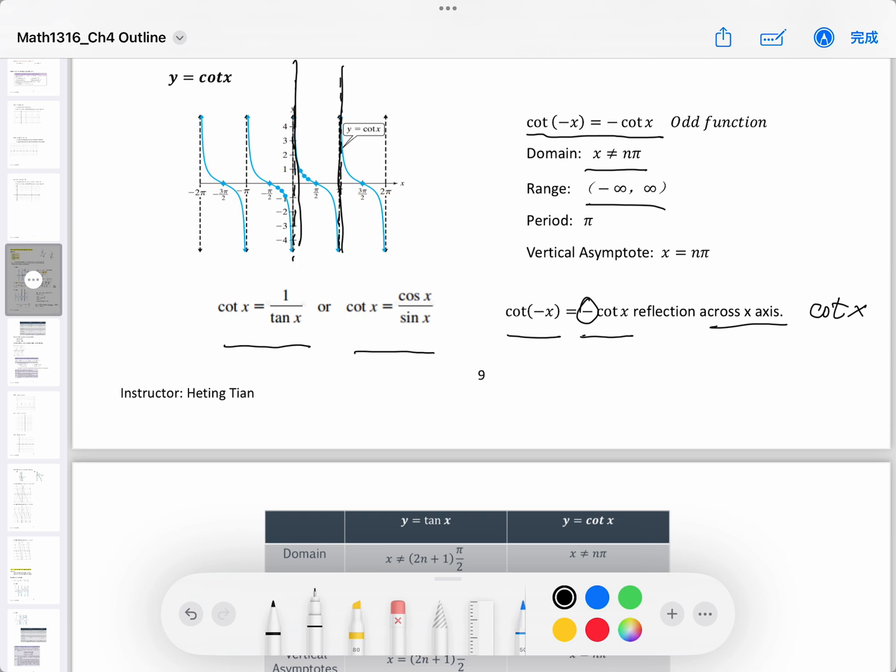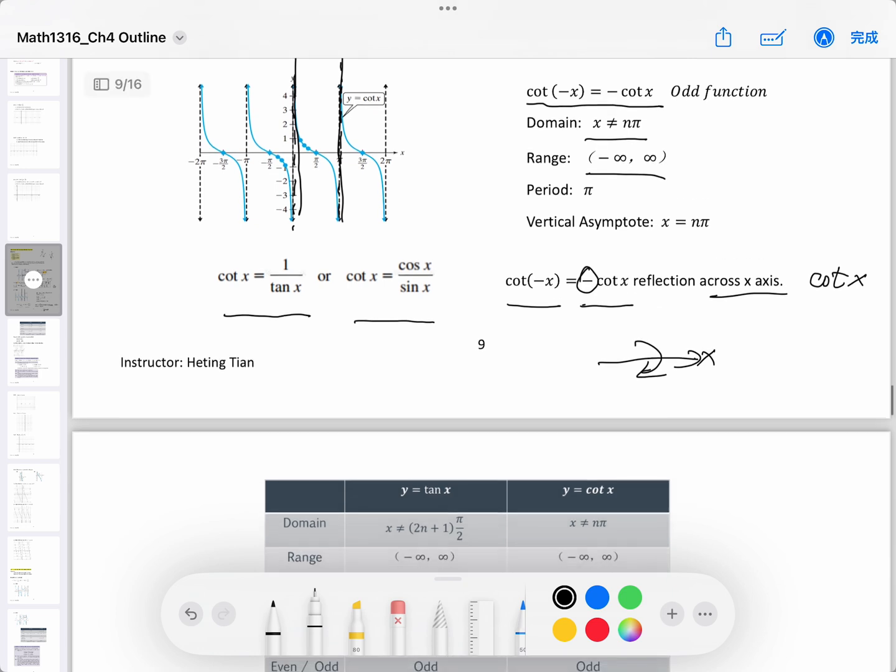That means a reflection along the x-axis. Okay, if I'm going to graph this function, let's clear this. I'm going to have a decreasing function, and one full cycle is from 0 to pi.